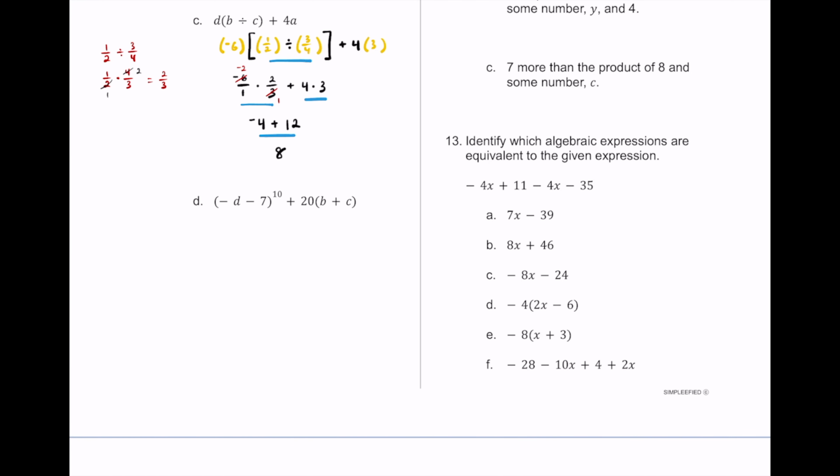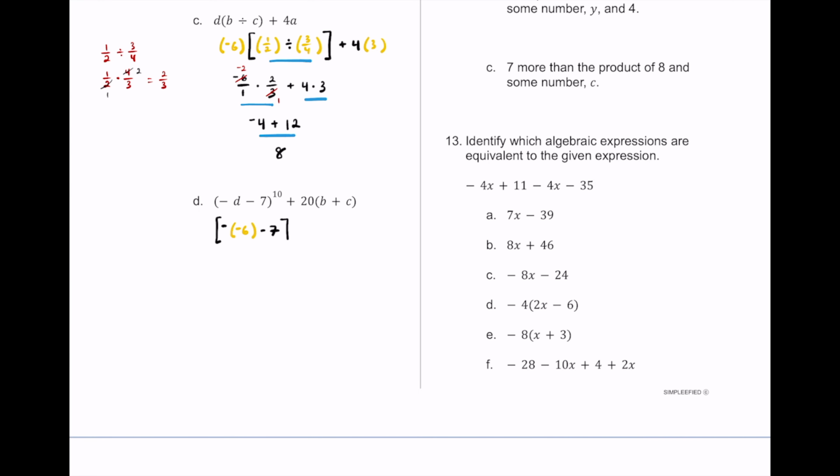One more for D, we have the quantity of the opposite of D minus 7 all raised to the 10th power plus 20 times the quantity of the sum of B and C. So let's go ahead and make some substitutions. First I'm going to use brackets here because we're going to make some substitutions in. So we have negative, and what's D? Well, D is -6, so we're going to substitute in a -6 for D. Then we're going to take away 7.